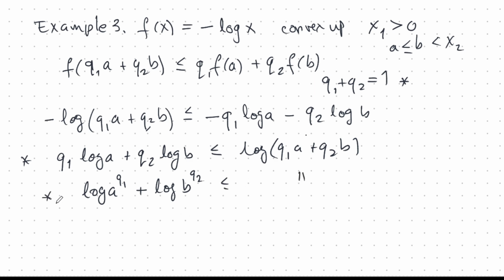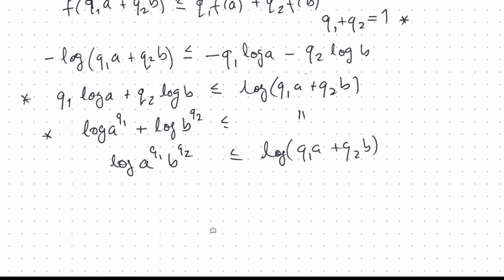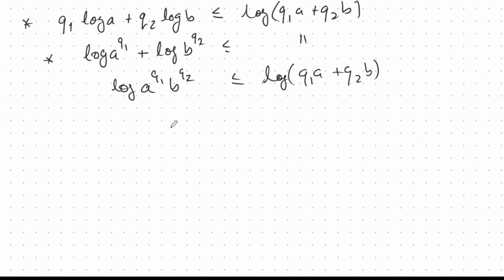And these logs can be combined also to get log(a^q1 b^q2) less than or equal to log(q1 a + q2 b). Get rid of the logs, and I have a^q1 b^q2 less than or equal to q1 a + q2 b. What an amazing formula, with, remember, q1 plus q2 equal to 1.